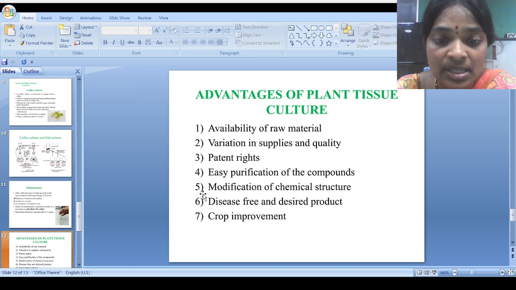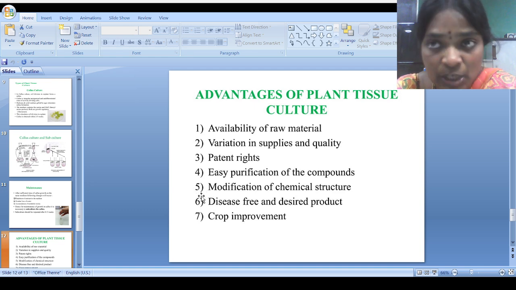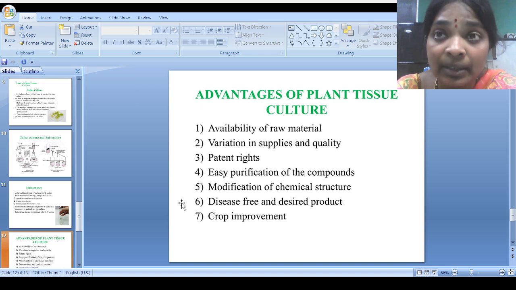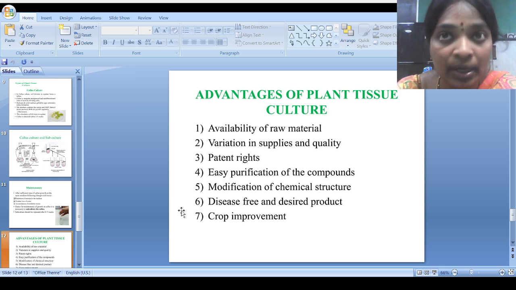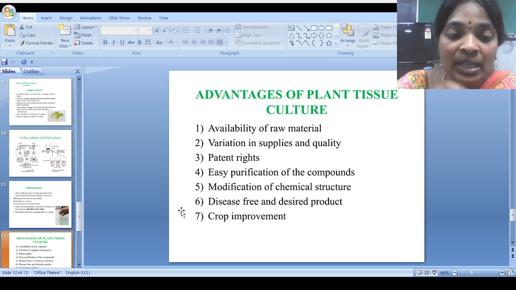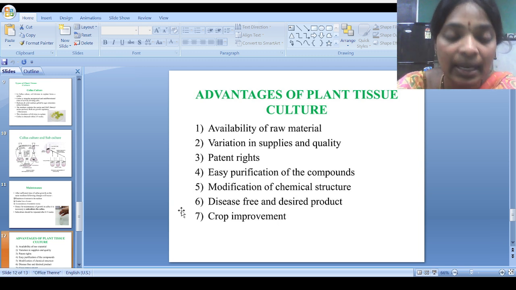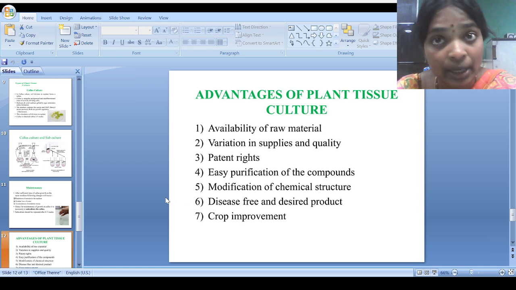Even some disease-free plants and desired products, with good examples like Bt cotton and Bt brinjal, where we are going to have complete eradication of pests when the gene is incorporated in that particular plant, like Bacillus thuringiensis. When an insect or a worm comes and eats the leaf material, suddenly it gets paralyzed. Its jaws are paralyzed, and finally within 2 to 5 minutes the insect or worm dies, right? So we can incorporate such kinds of genes.